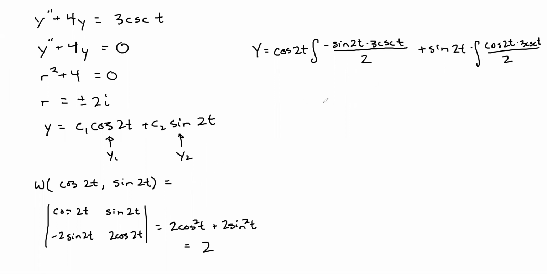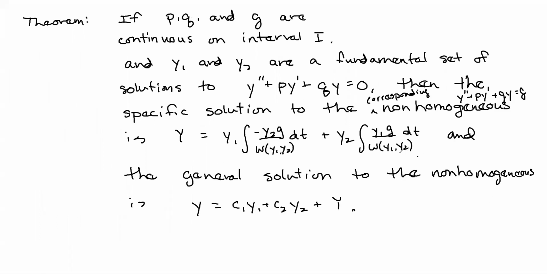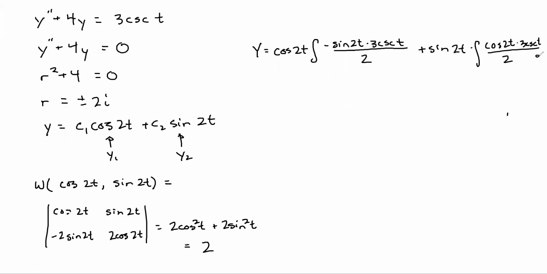The Wronskian of y1 and y2, again, is the denominator here. And I kind of ran out of space. There's a dt over there, though, too. All right. So there's our formula. We just need to go through and do those two integrals. And once we're done with those two integrals, we should end up getting the same answer that we got earlier.